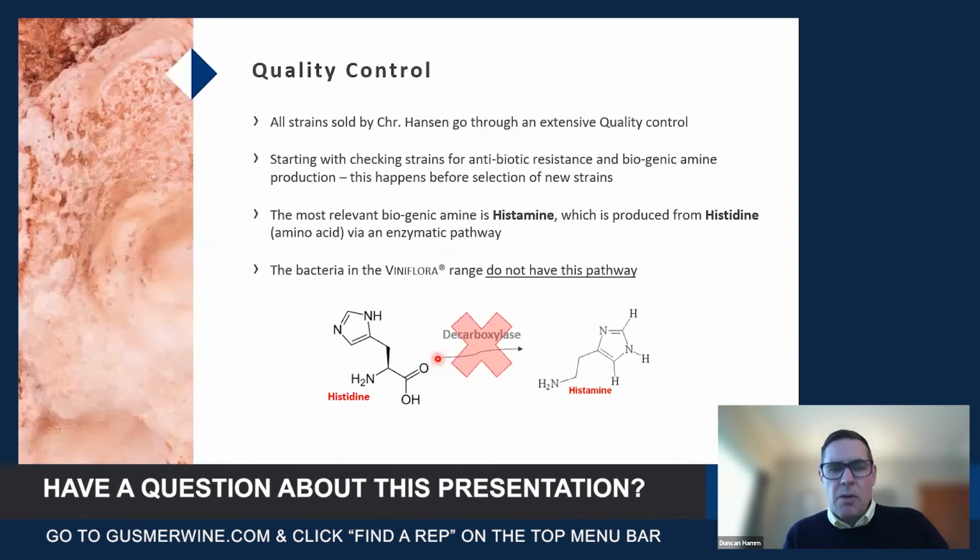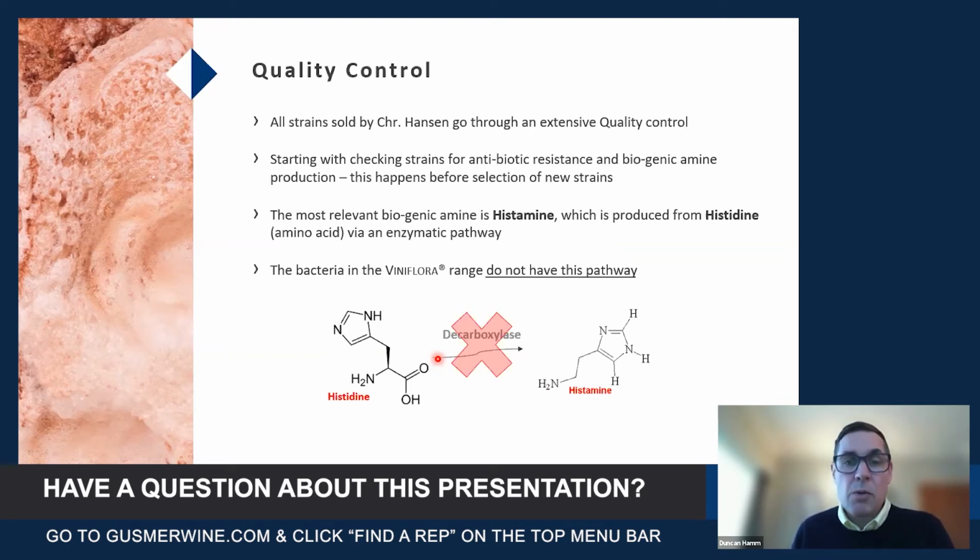I'm now going to move on to a little bit about quality control. We have extensive quality control in Christian Hansen. We supply bacteria to pretty much every industry that uses lactic acid bacteria, and it's absolutely key that we have the utmost quality control. One of the big risks for the population globally when we're looking at cultures is antibiotic resistance.